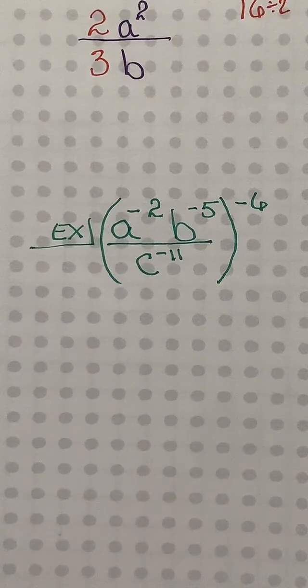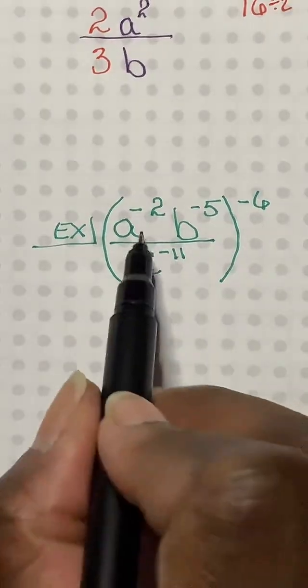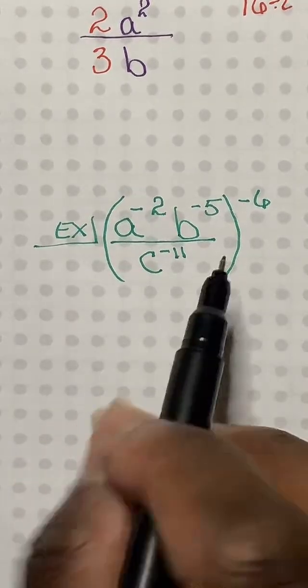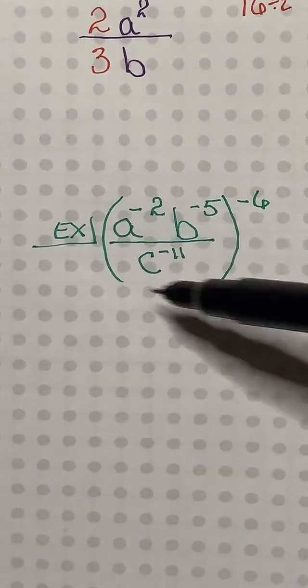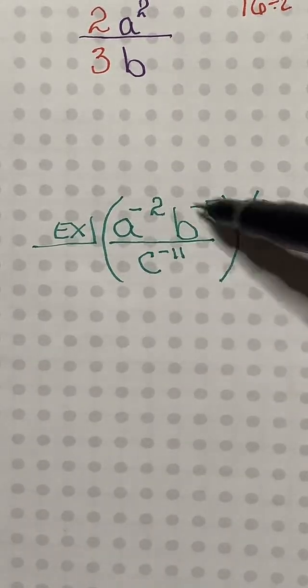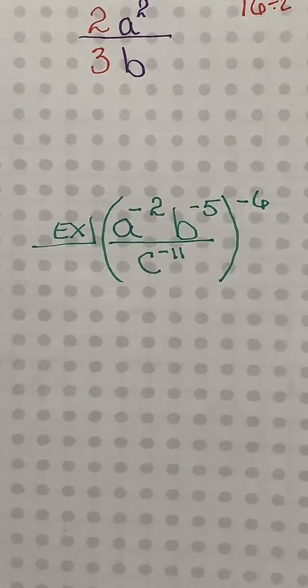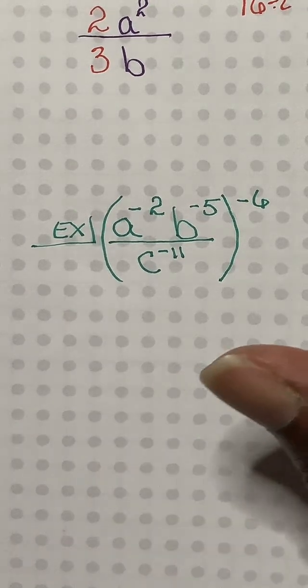Okay. All right. So, you know that everything is being raised, and all three of the terms inside of the parenthesis are negative. And it's also being raised by a negative. So you could flip all that stuff. But guess what?